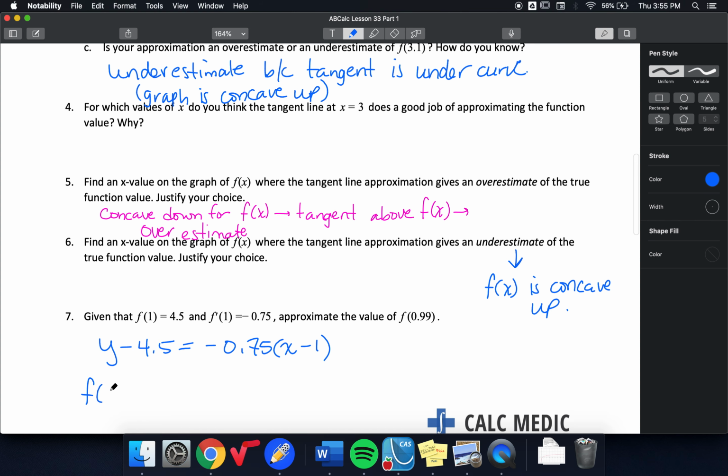So my approximate value using correct notation, approximately, that's going to be plug in the 0.99, so negative 0.75 times negative 0.01 plus 4.5. So this is going to end up being 4.5075, and I could calculate it out, but as we know, we don't need to go any further than that. But here is my approximate value.